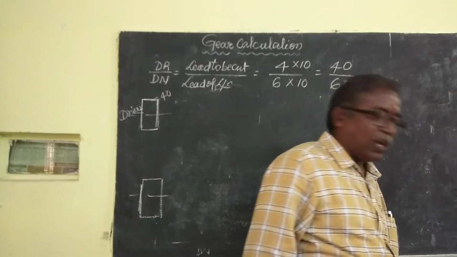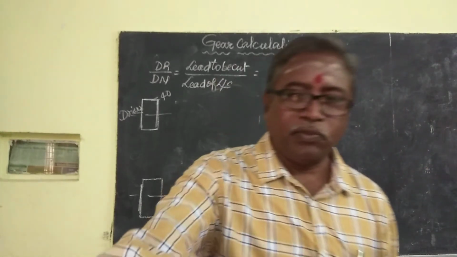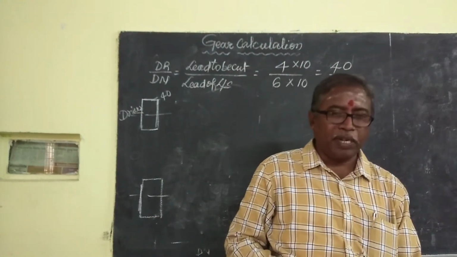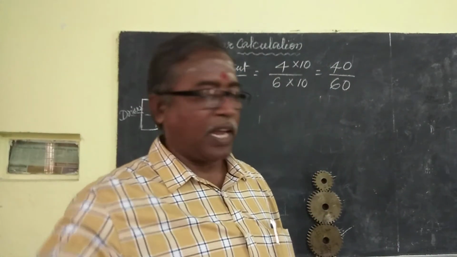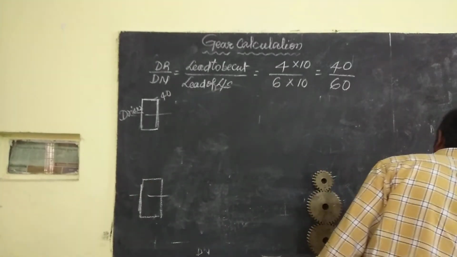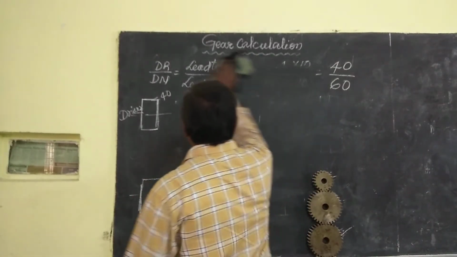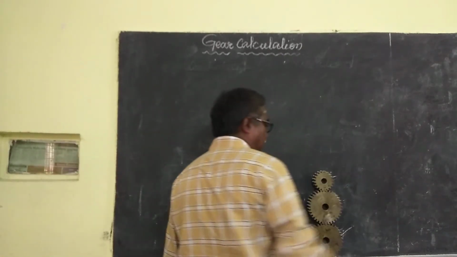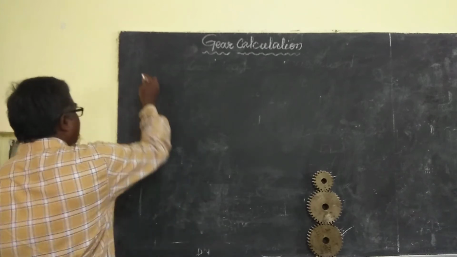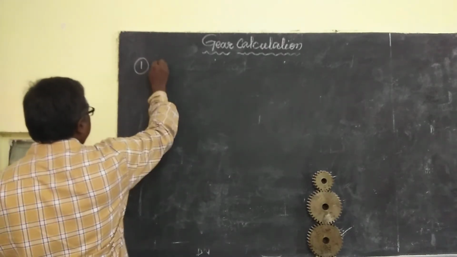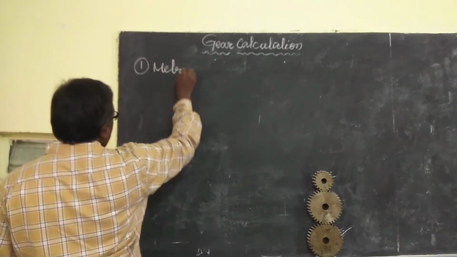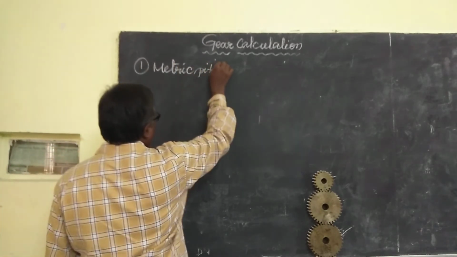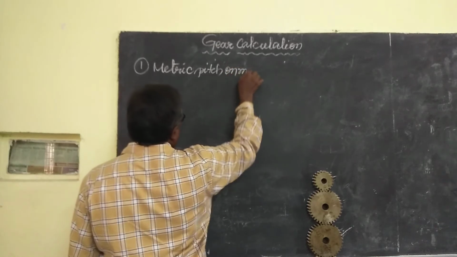First you have to remember that when we are cutting threads, I will write the formulas. Some 4 formulas are there: metric to metric, British to British, metric to British, and British to metric. One is metric pitch on metric lead screw.